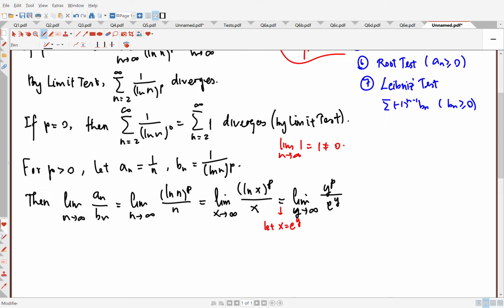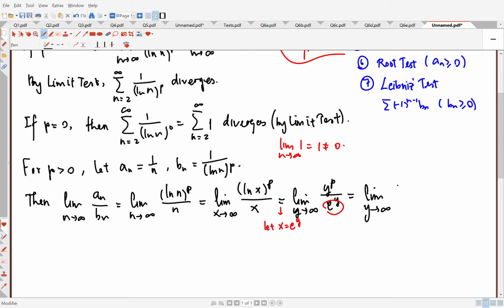Okay. Why do I change it into this? Because if I apply L'Hospital's rule, the below will remain e to the power of y. So we only need to care about the above, right? So let's say we do L'Hospital's rule once.